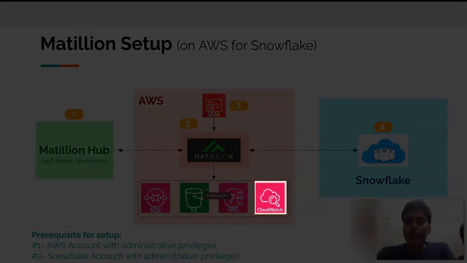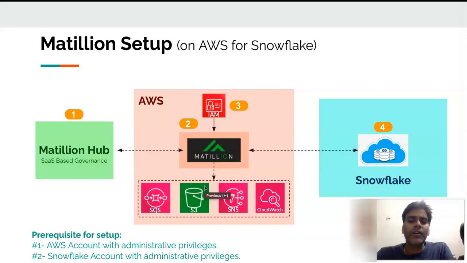Next is CloudWatch. You can publish metrics data to CloudWatch through Matillion, and in that case also Matillion would need privilege on writing data to the CloudWatch logs. So that's where you would need to add the CloudWatch privilege as well.